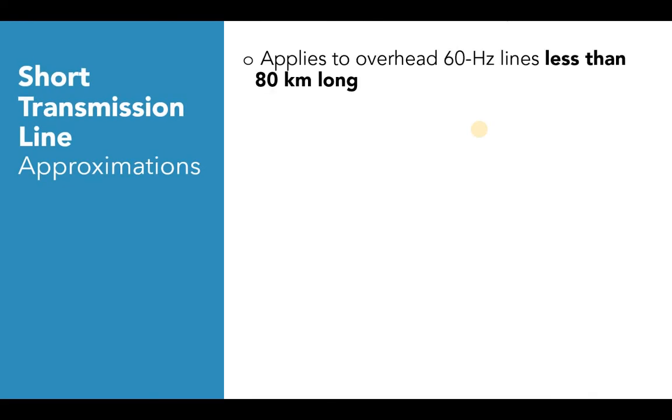For short transmission line approximations, a short transmission line is an overhead 60 Hz line that is less than 80 kilometers long. So we consider that a short transmission line. Beyond 80 kilometers, it is another type of transmission line.